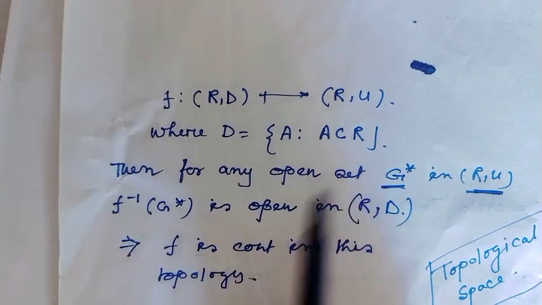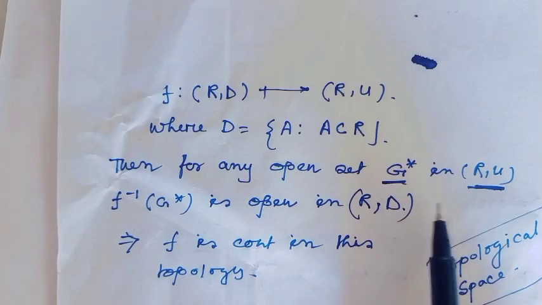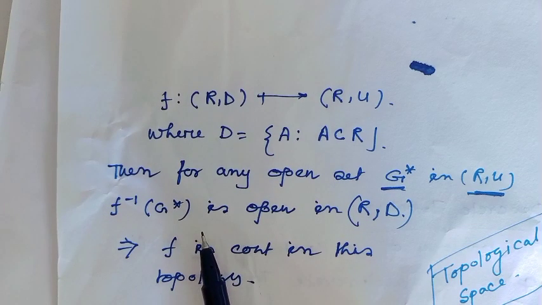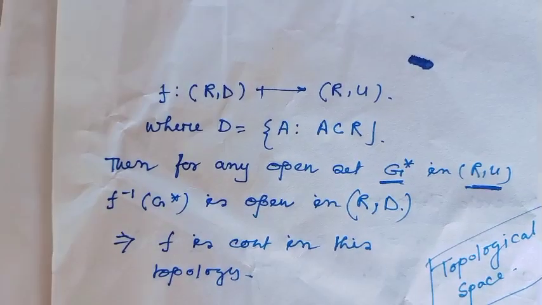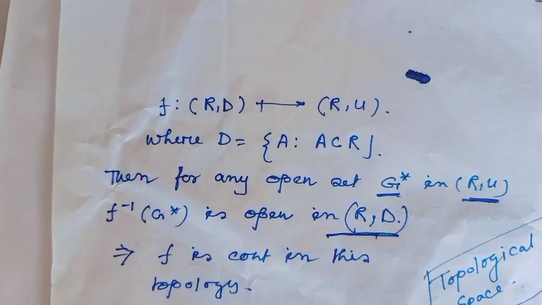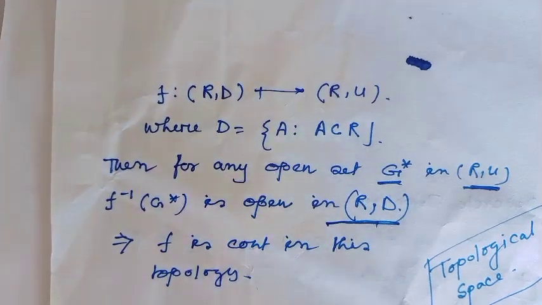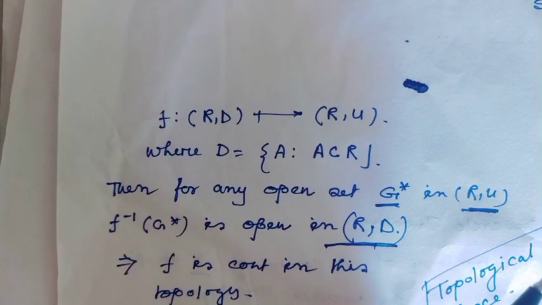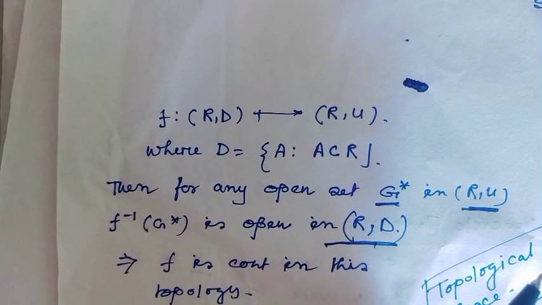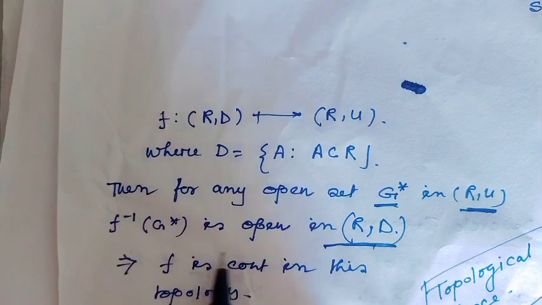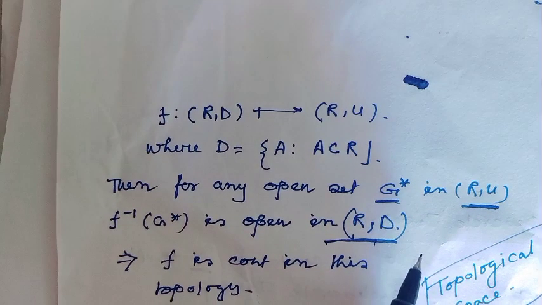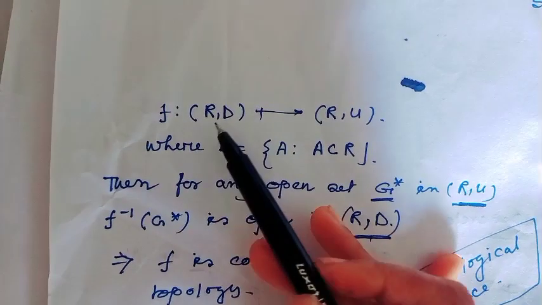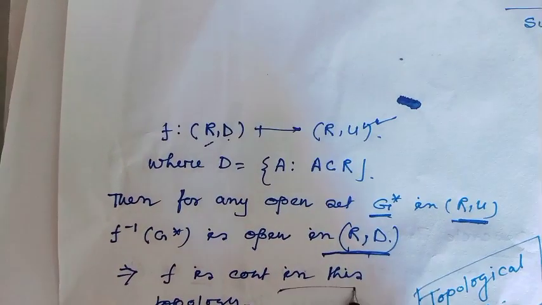So D equals A such that A is a subset of R. Then for any open set G star in the usual topology R, F inverse of G star is open in the discrete topology on the set R, because F inverse of G star contains the set minus infinity to minus 1 union 0 union 1 to infinity, and this is an open subset in the set R. Therefore, the inverse image of an open set is open when mapping from discrete topology to usual topology. So F is continuous in this topology.